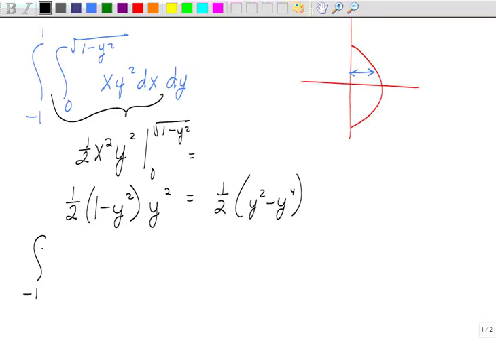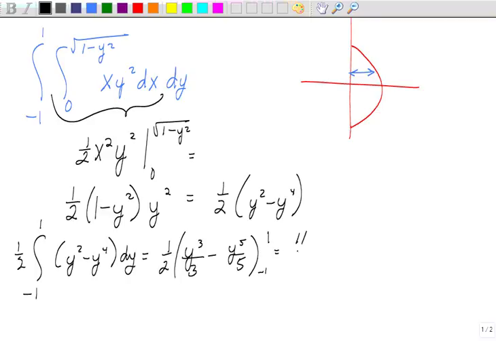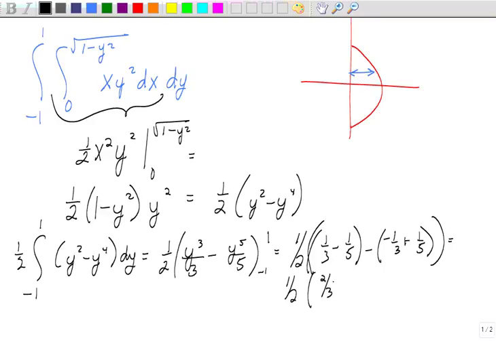Then I'm going to integrate that from -1 to 1. Okay, there's the final answer.